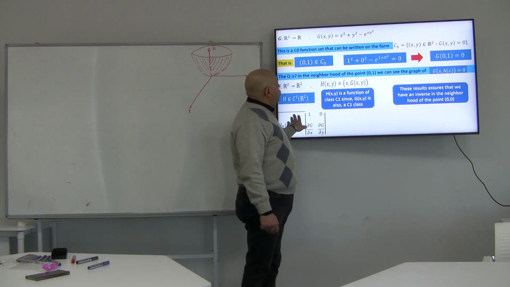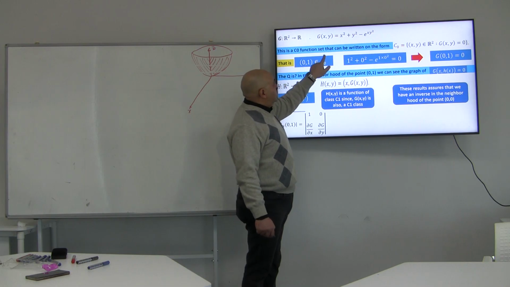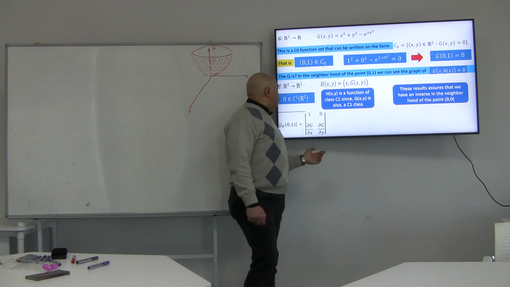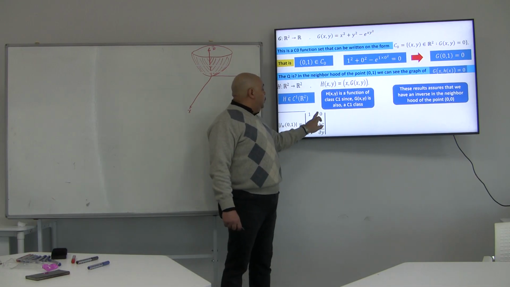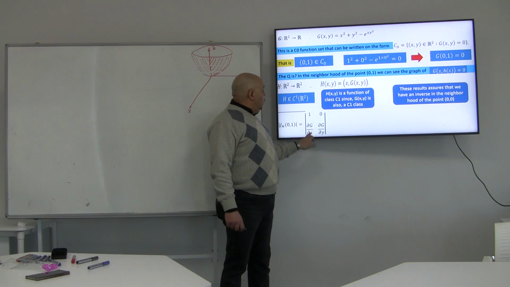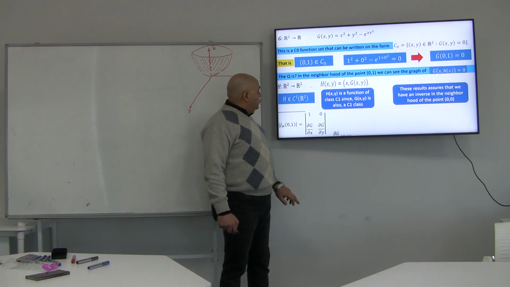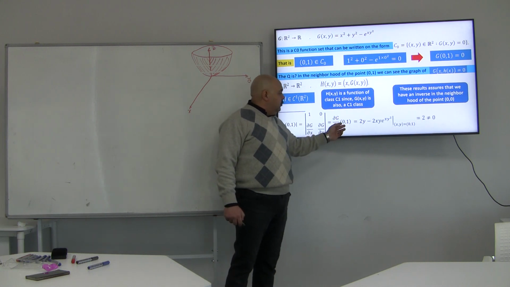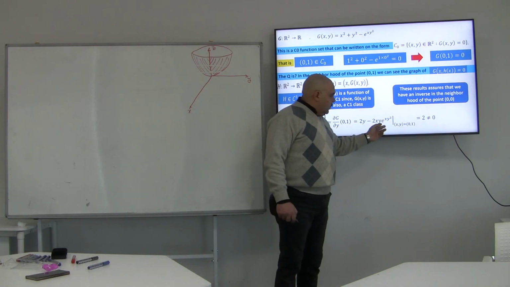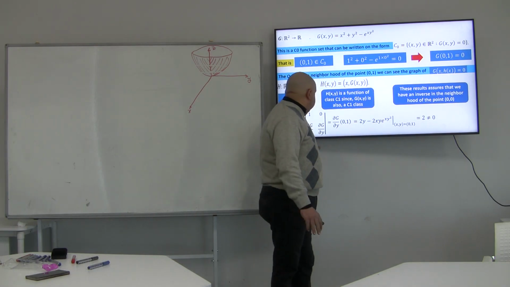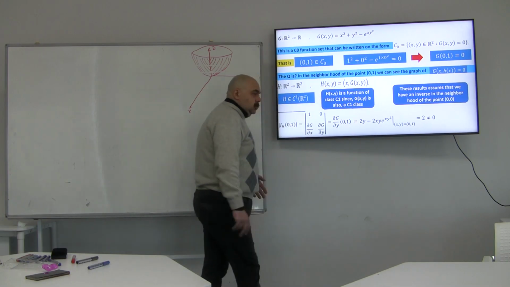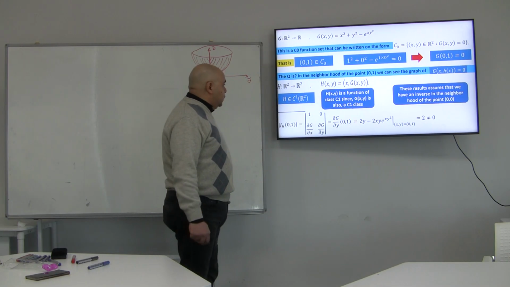So if you take this function, x squared plus y squared minus e to the x y squared, and get the Jacobian and make the substitution at 0 and 1, you will have 1, 0, and then partial g partial x, partial g partial y. Okay? And this ensures that partial g partial y at 0 and 1, as a direct relation from the Jacobian, is equal to 2, which doesn't equal 0, which means we can define it explicitly.